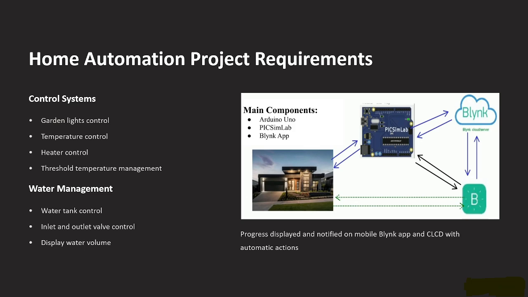There is threshold temperature management and also water management: water tank control, inlet and outlet valve control, and display of water volume. These are all done in Pixim Lab, and we are also using the Blynk IoT app to send the instructions, creating buttons in the Blynk IoT app to operate all these things.